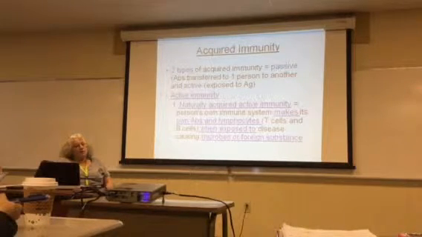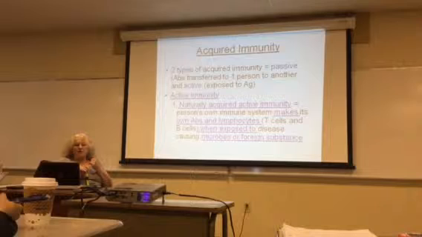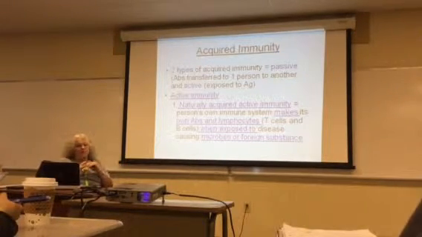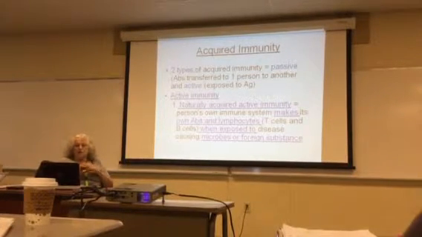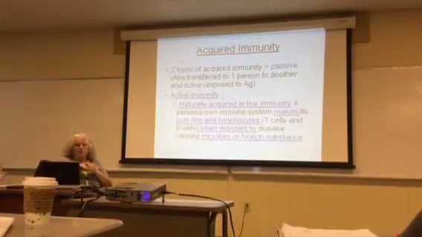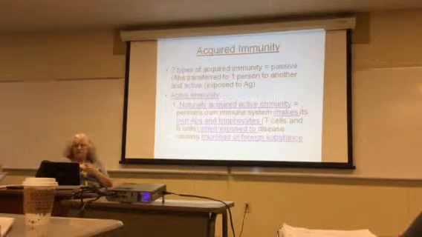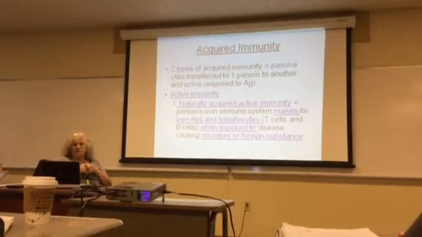Active immunity can be either natural, so you naturally acquire active immunity, and that means your immune system is going to be making its own antibodies and lymphocytes. The lymphocytes, as we said, are the T and B cells.